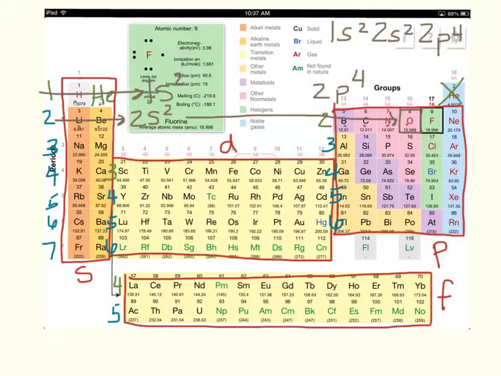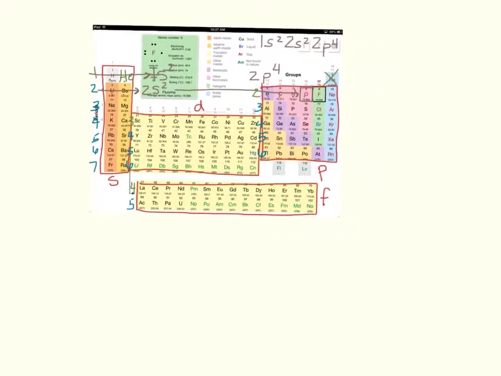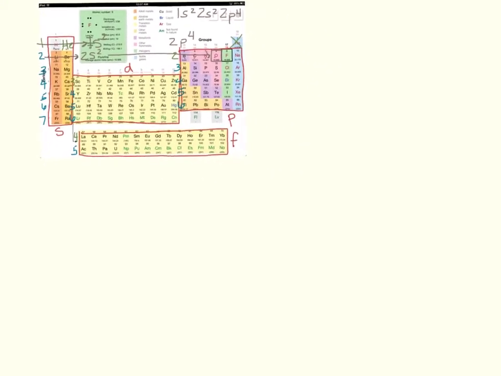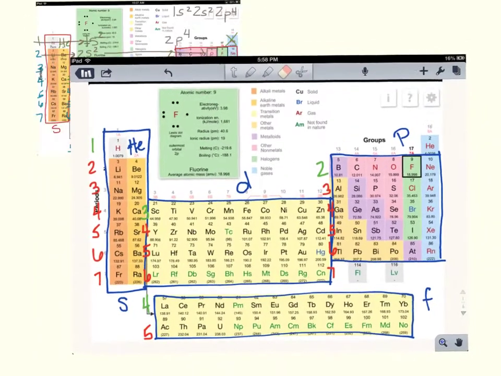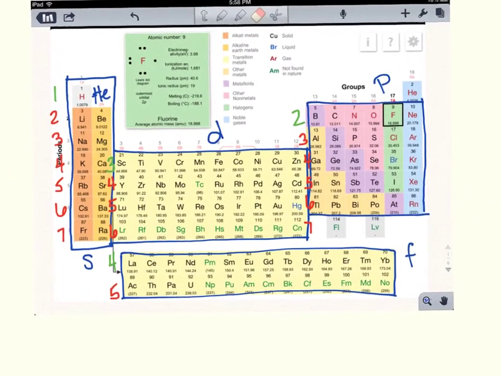So now let's do another example. Let's take this and minimize it and pull in an already pre-made periodic table.